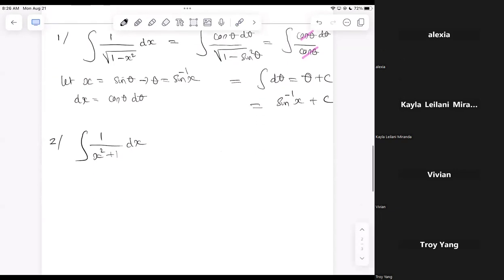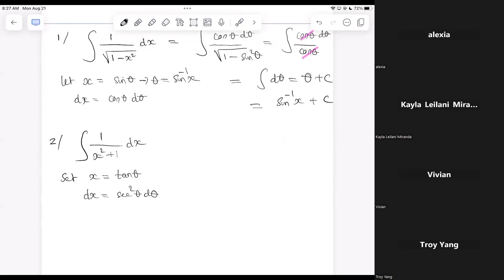Let me show you step by step here. For that one, we set x equal to tangent theta. So dx is going to be equal to secant squared theta d theta.